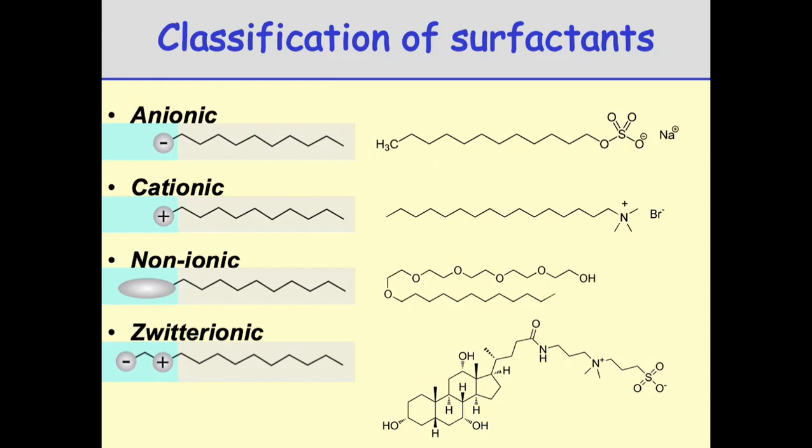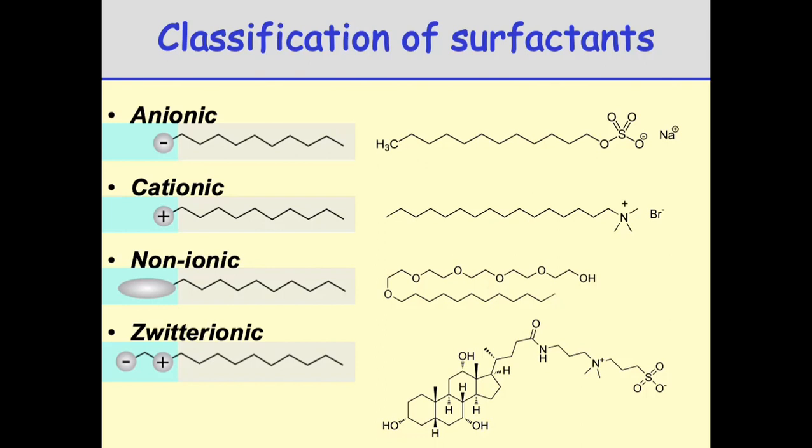There are a number of different types of surfactants, and they tend to be characterized based on the head group of the surfactant. So that's the hydrophilic part of the surfactant. The hydrophobic part of standard surfactants tends to be a hydrocarbon chain, and the hydrophilic part will be defined by whether it is charged or uncharged.